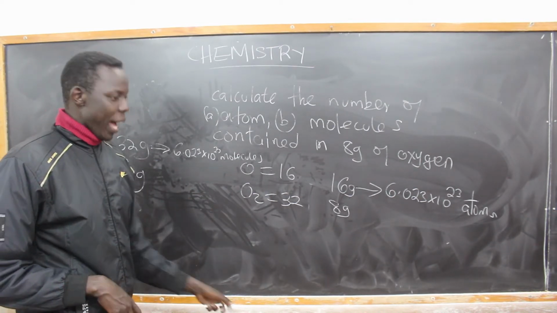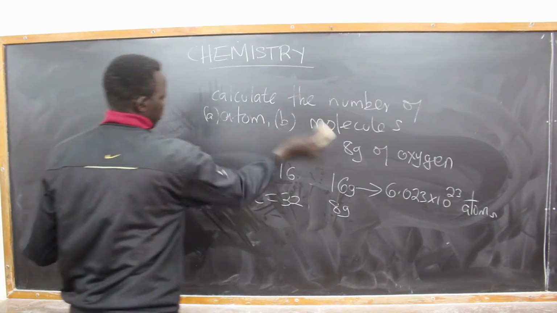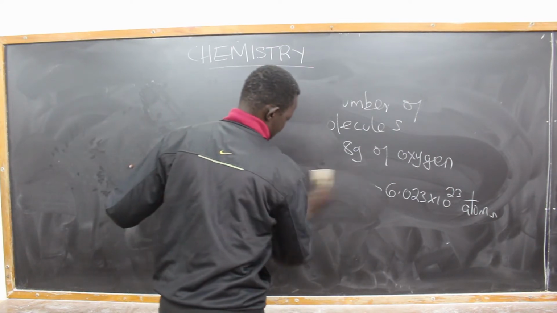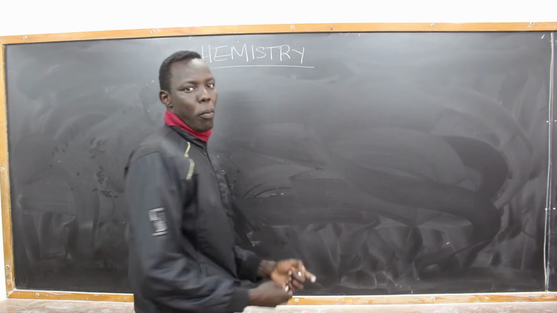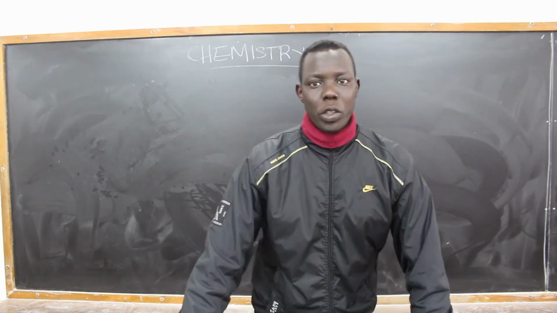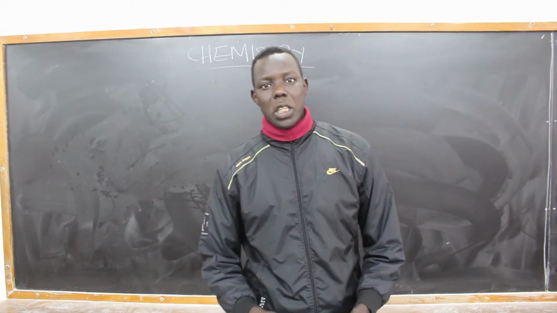Now, there are some things I want to explain again as we are moving on. You've heard me talking of molar mass, you've heard me talking of molecular mass, and I will still talk about it until the end of the topic.